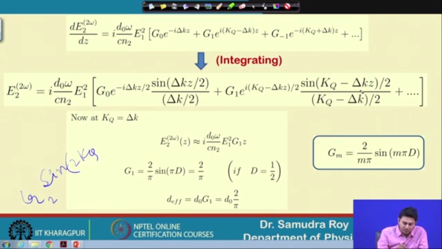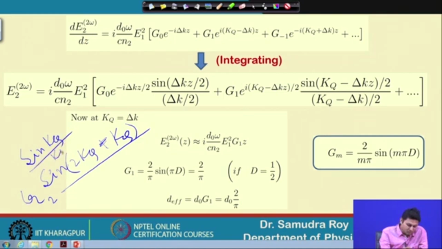So, minus delta k is represented by minus kq. So, we will eventually have sine of kq divided by some term which is again kq. Again we will find that this term is not going to vanish because kq is equal to delta k, it is not 0.